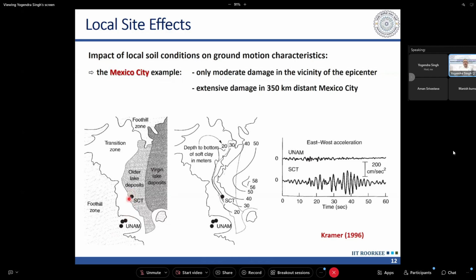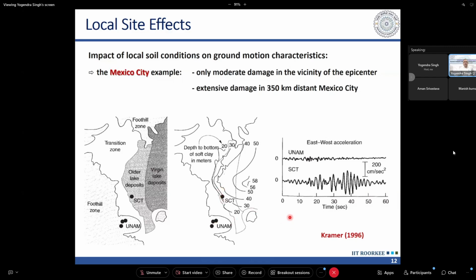Here at SCT, the depth of the soil deposits is roughly 30 meters. The records of these two are shown here. Whereas in UNAM, the record was this. It got amplified at SCT, but still we can see amplification is not that much. It is not so alarming. So this amplification took place because of the soil layers.